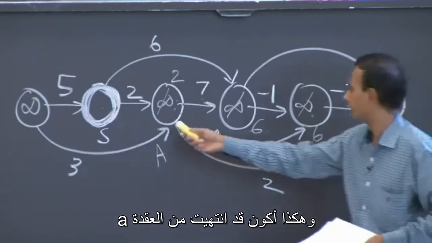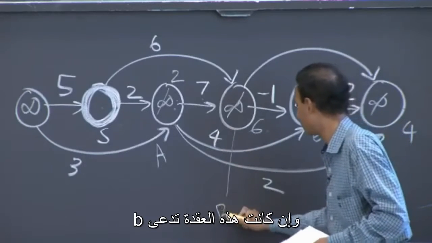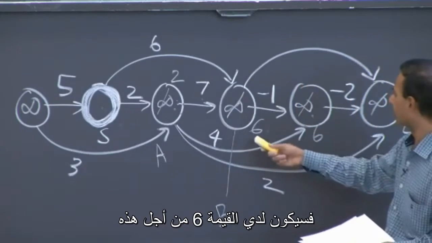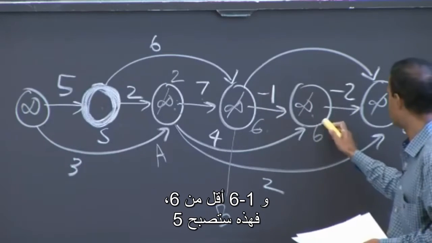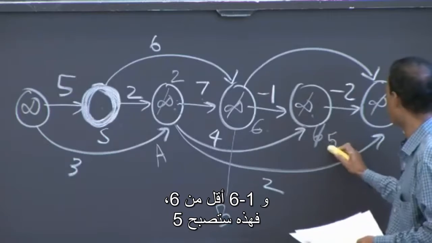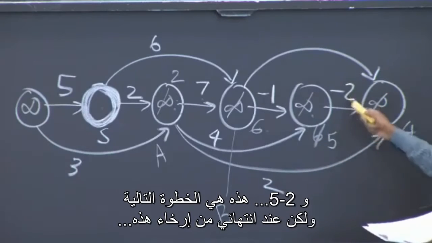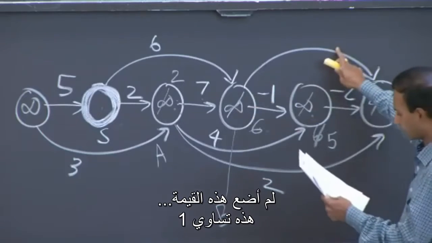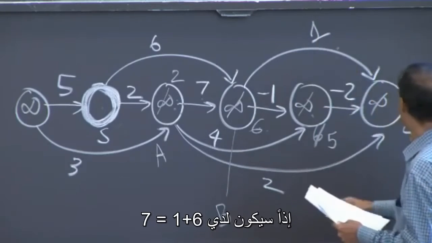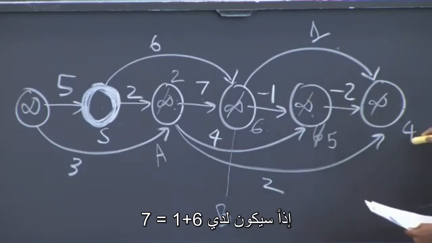So now I'm done with vertex A. If this vertex is B, then I have a value of 6 for this, and 6 minus 1 is less than 6, so this becomes 5. And 5 minus 2, well, that's the next step after that. But once I'm done relaxing this, oh, I haven't put, this is a 1. And so 6 plus 1 is 7.